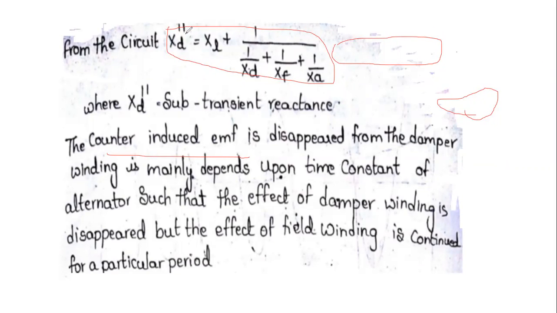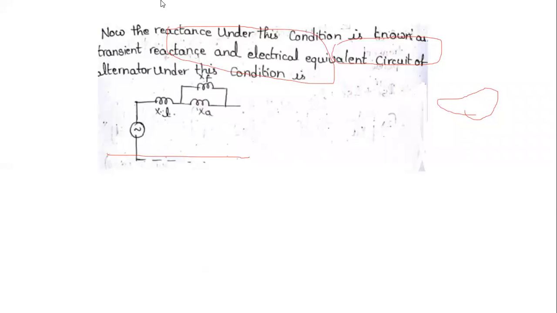Therefore, the formula for the subtransient reactance XD double dash is equal to the leakage reactance plus 1 by the damper reactance, plus 1 by the field winding reactance, plus 1 by the armature reactance. By using this formula, we can calculate the subtransient reactance.